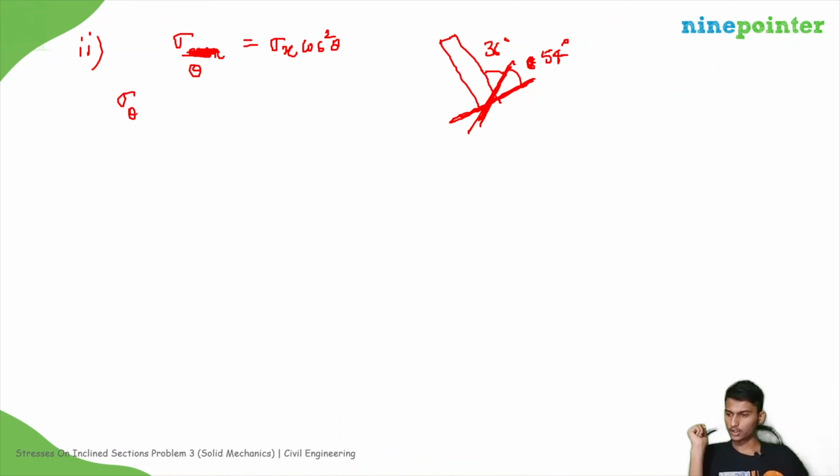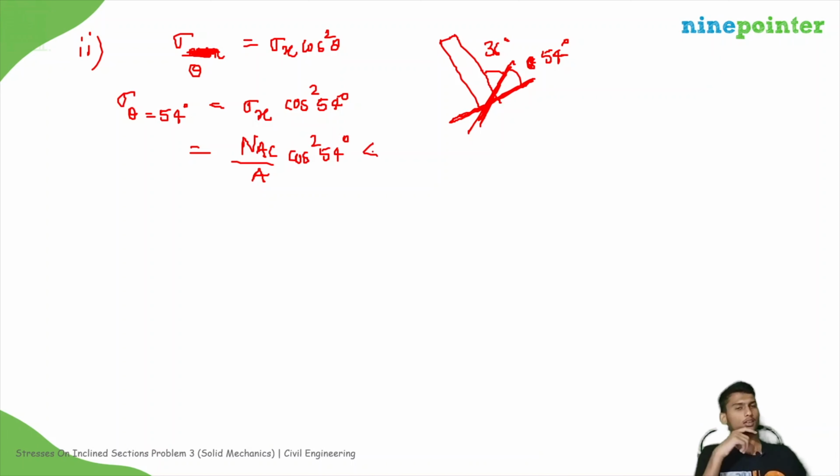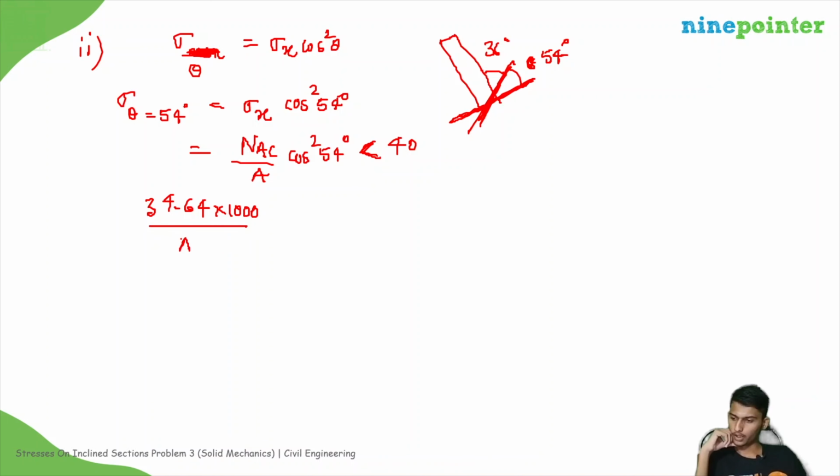So sigma at theta equals 54 degrees is sigma x cos square 54 degrees. So this will be NAC divided by A, cos square 54 degrees. That should be less than how much? 40 MPa, right? So NAC is 34.64 into 1000 newtons divided by pi by 4 d square into cos square 54 degrees, less than 40.